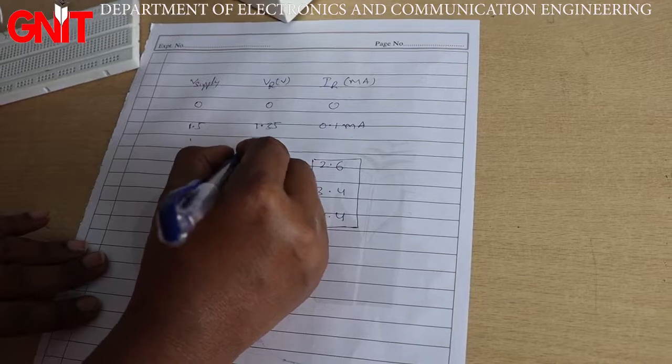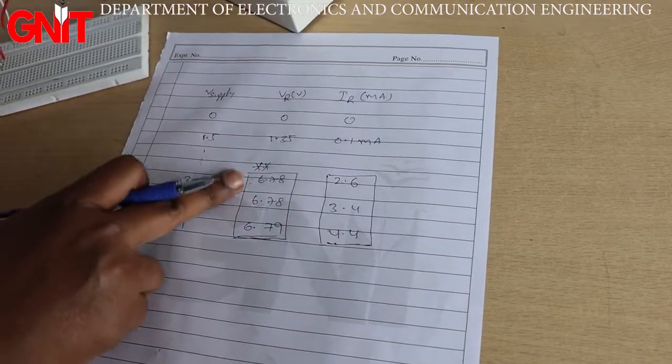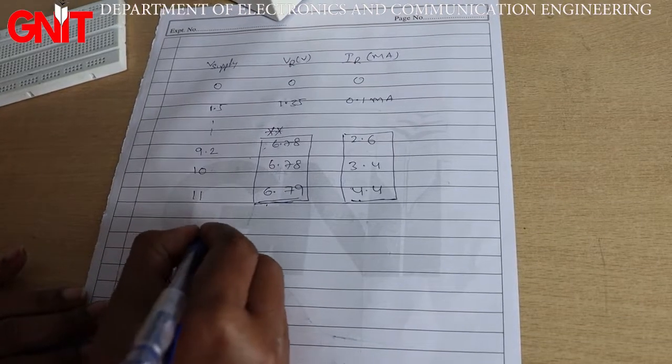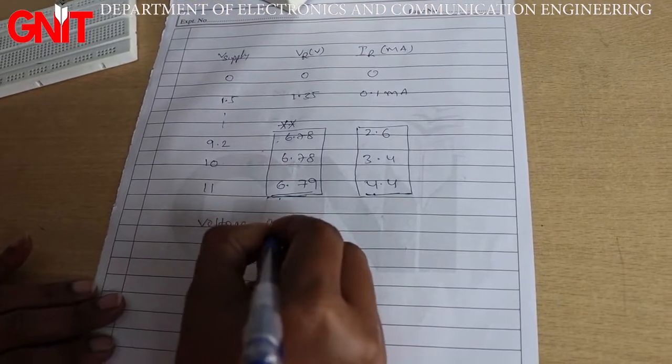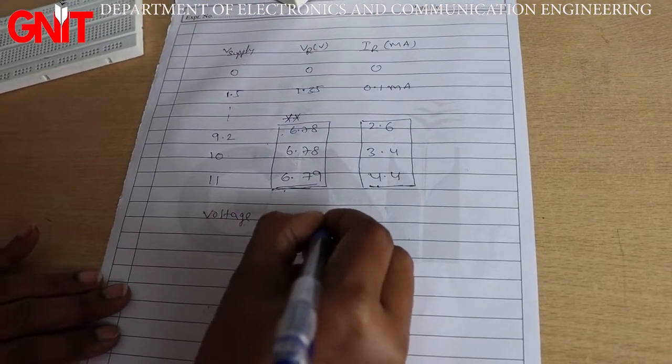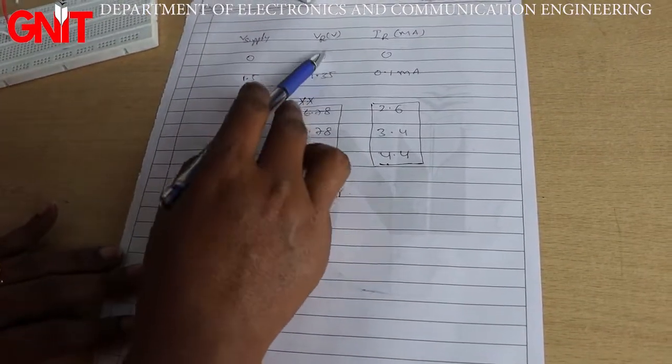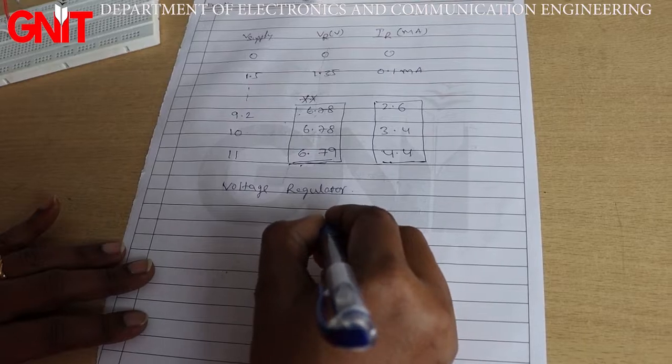The feature where we are getting the constant voltage makes us use the Zener diode as voltage regulator. So you use this voltage and currents to draw the graph.